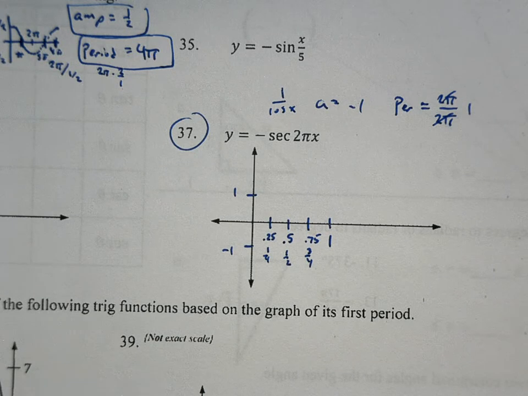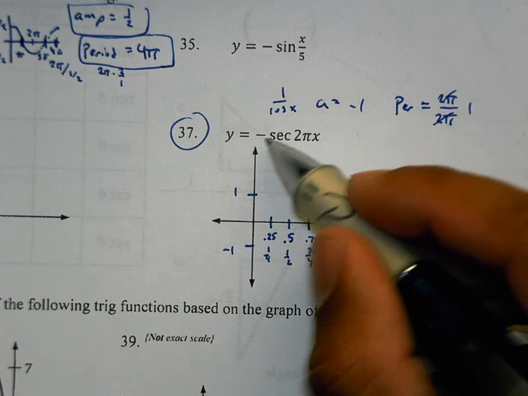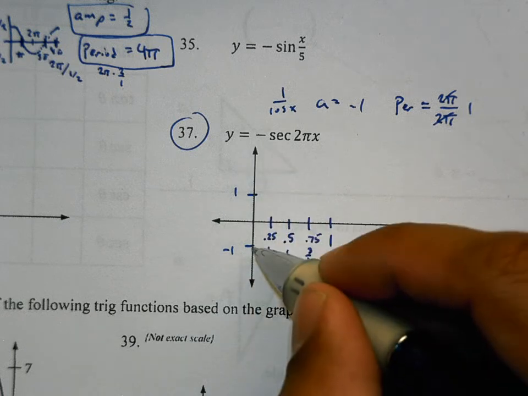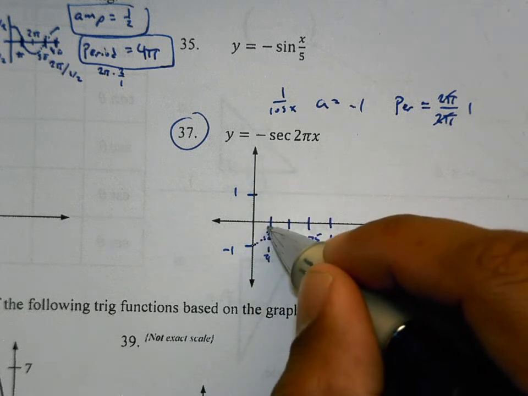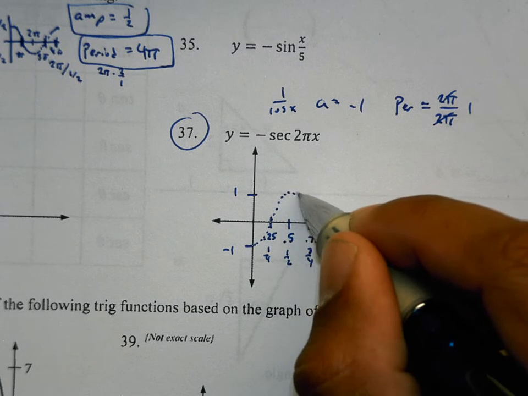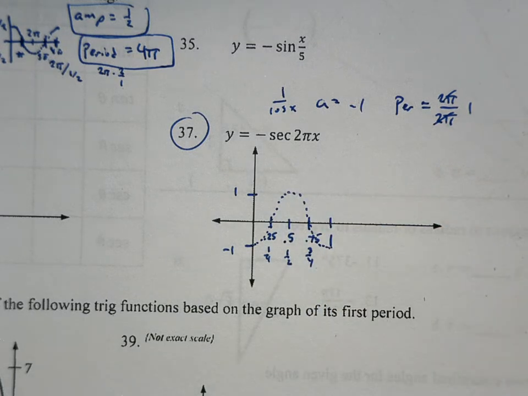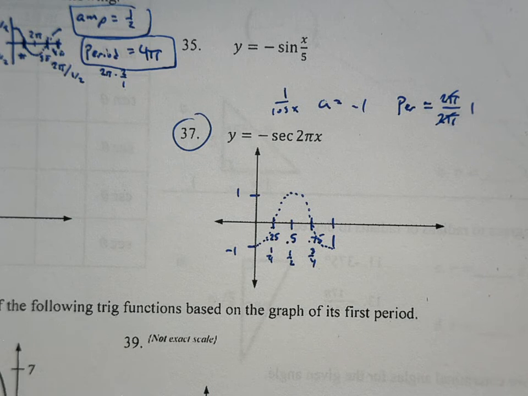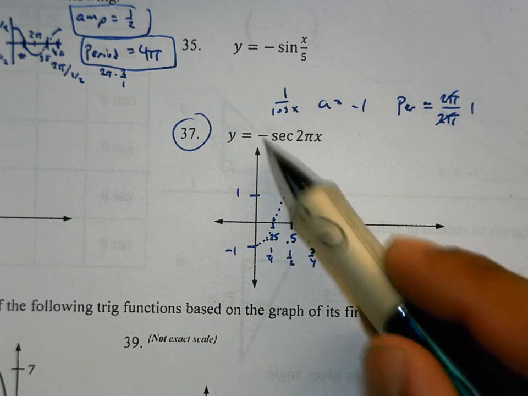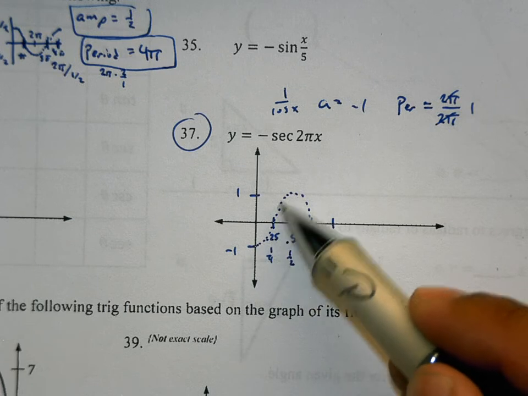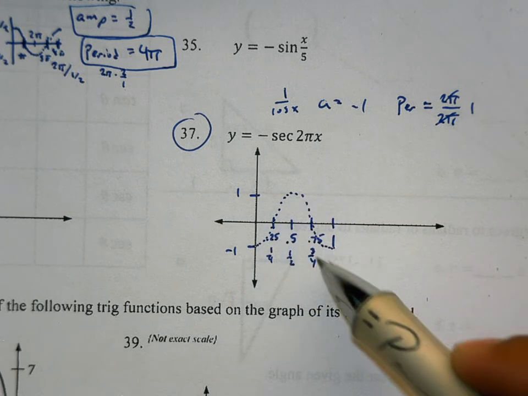The cosine graph is starting at the extrema, not the positive extrema, the negative extrema. And so what it would look like, I'm going to make this dotted. That's an upside down cosine graph. Extrema, starting in the negative extrema, because of that negative. Midline, extrema, midline, extrema.